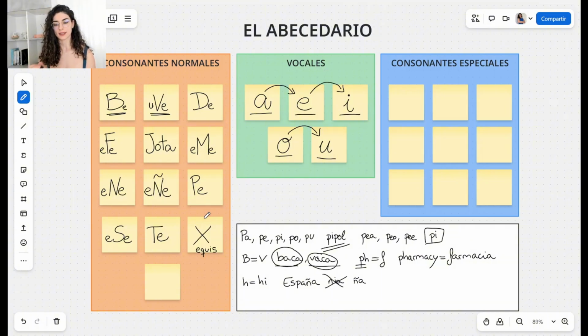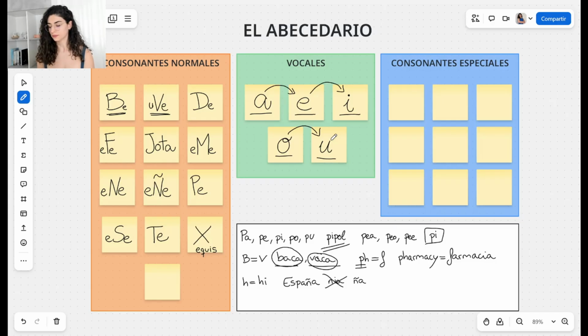But at the beginning of a word, which is not frequent at all, like in xylophone, xilófono, it is pronounced like an S. So at the beginning it would be like sa, se, si, so, su, like an S, but in the middle it is going to be like this: xa, xe, xi, xo, xu.